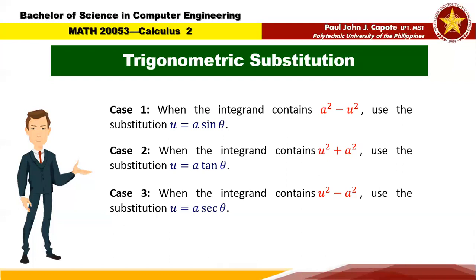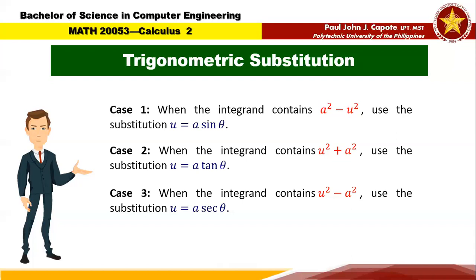For case number two: when the integrand contains the expression u squared plus a squared, use the substitution u equals a times tangent theta.